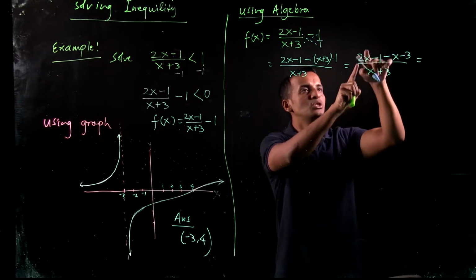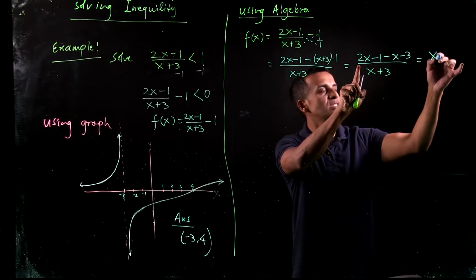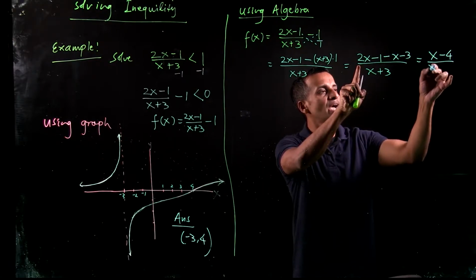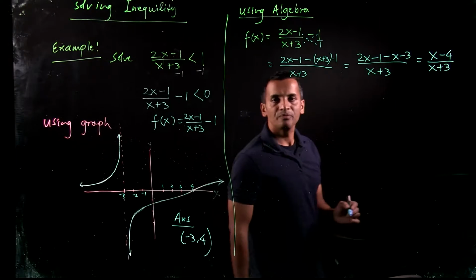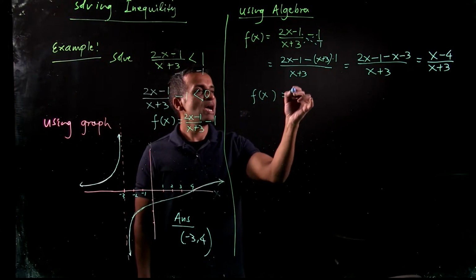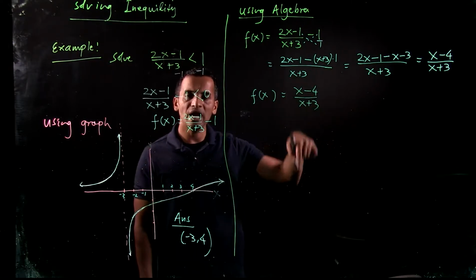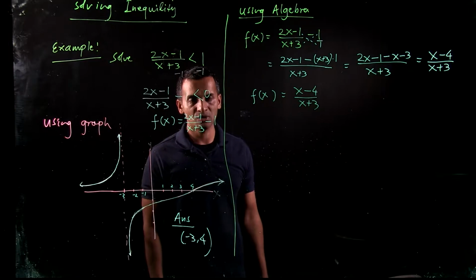So what did you get? Here 2x minus x is x, and negative 1, negative 3 is negative 4, divided by x plus 3. That's what you got. F of x is finally x minus 4 over x plus 3. So this has x in both the numerator and denominator, okay?